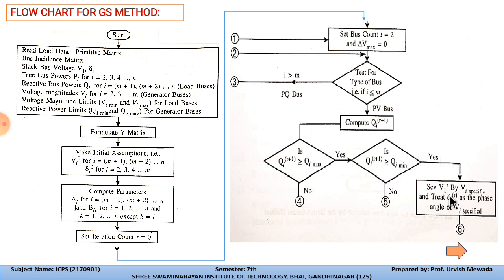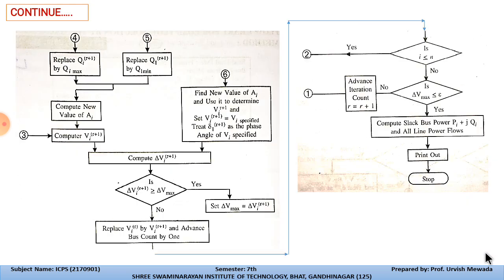Now set Vi r by Vi specified, which we have already calculated, and treat delta i r as the phase angle of Vi specified. If this value is initialized, then it will move towards number 3. So the continuation of the flow chart is over here, and it goes towards number 4.